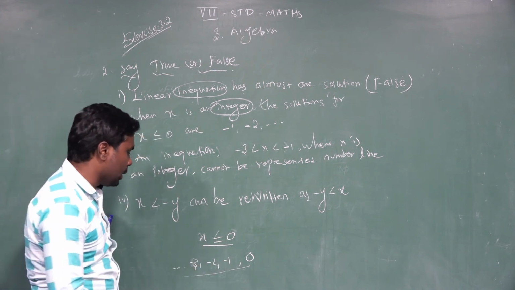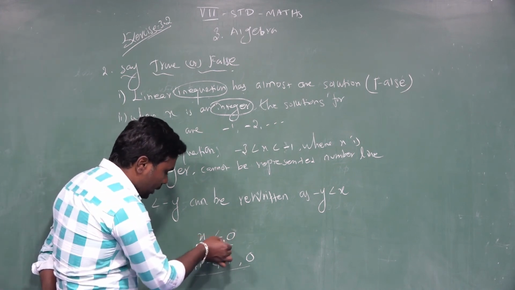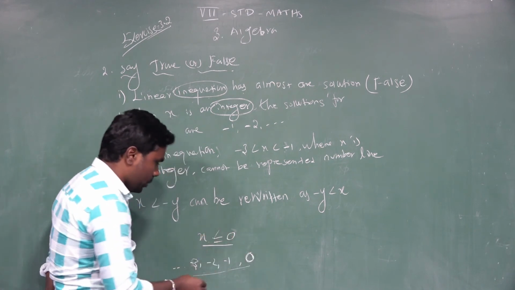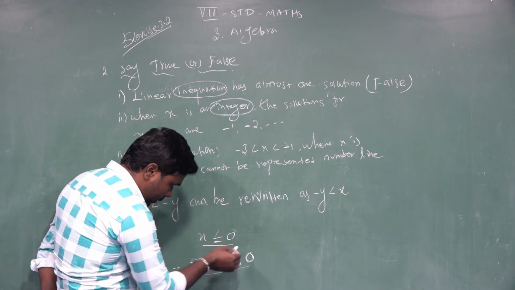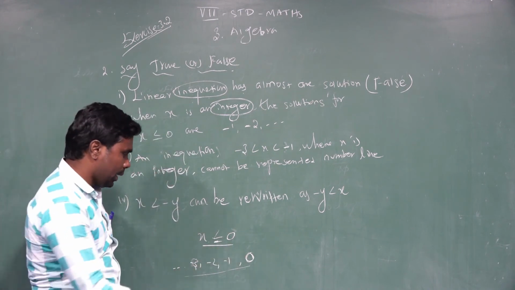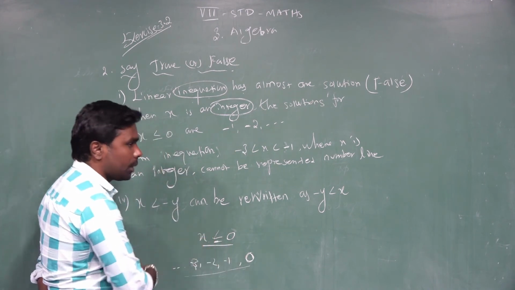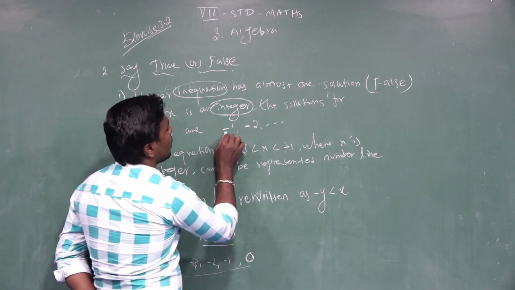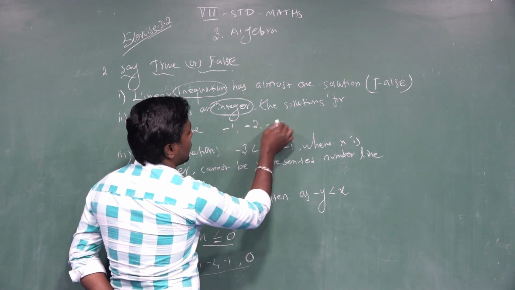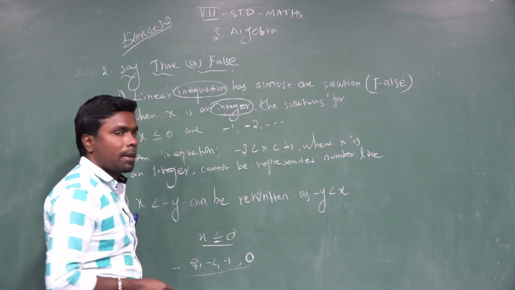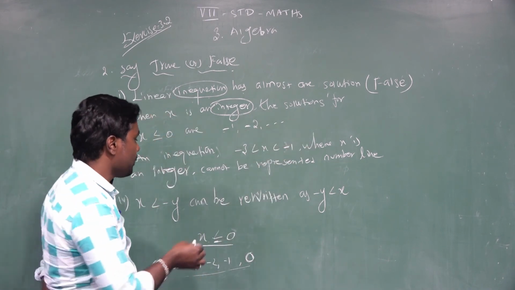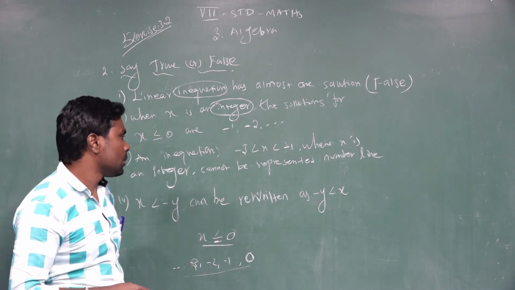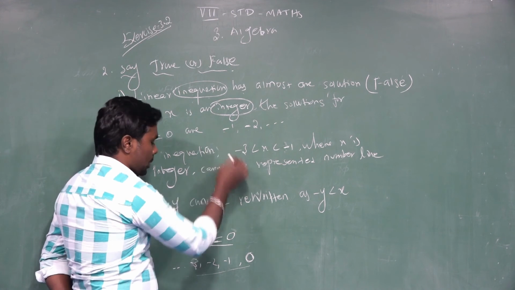We take the value 0 because they gave equal to 0. The next ones are minus 1, minus 2, minus 3, minus 4 and so on. But in the question they gave only minus 1, minus 2, etc. There is no 0, they left out the number 0.